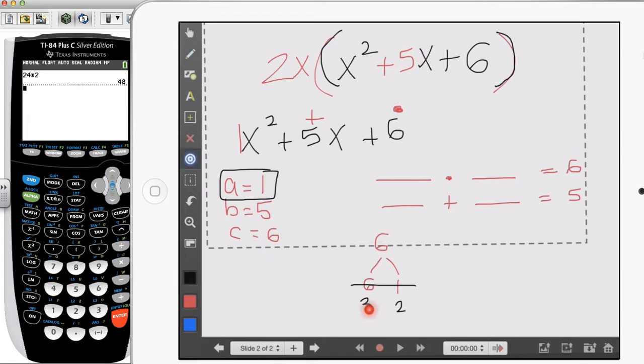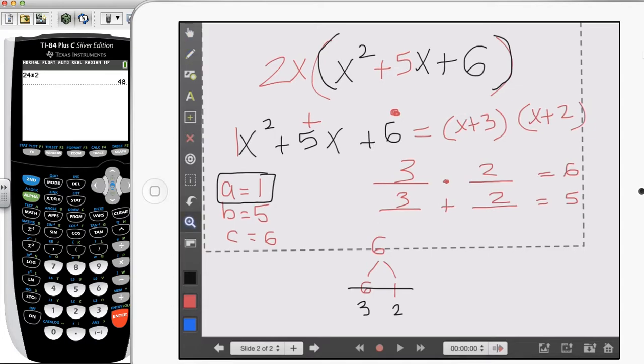Now let's try to add them. 3 plus 2 gave me 5, which is the middle term. So 3 and 2 are my numbers. Look, 3 times 2 is 6. 3 plus 2 is 5. Then to factor this, you say that the 2 factors are x plus 3, because 3 is one of the numbers, and x plus 2, because 2 is one of the numbers as well.